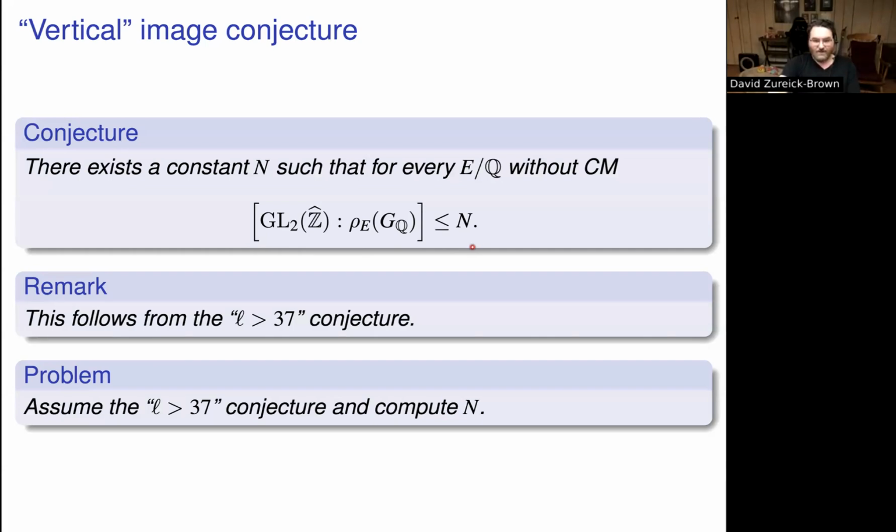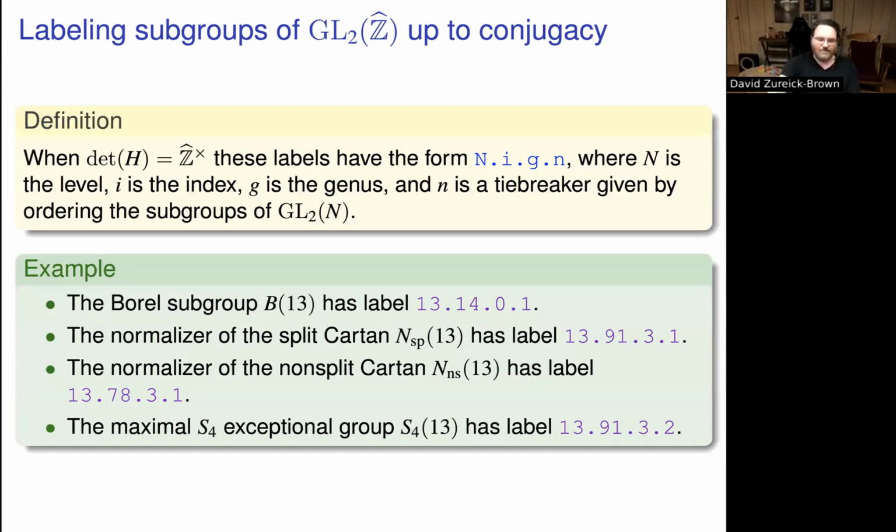And I would like to know what that constant is. So that's the goal. Start chipping away at this. There are some conjectures for what this constant is that I'm now convinced are probably correct.